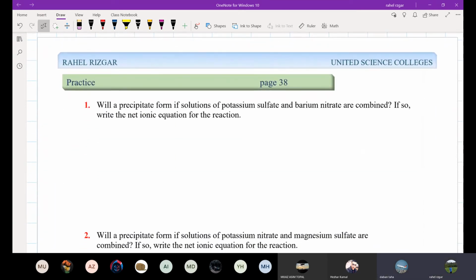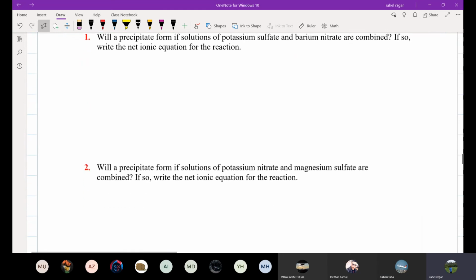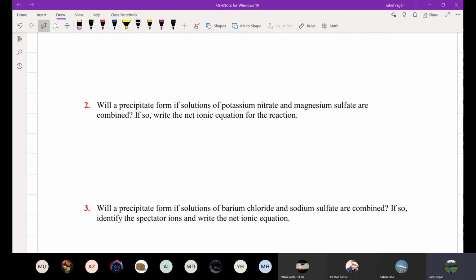Practice 1, I'm going to leave it for you so that you can solve it by yourselves. But practice 2, I'll solve it myself. Look at practice 2. It says write the net ionic equation. See what I'm going to do. We have potassium nitrate, KNO3, plus magnesium sulfate.